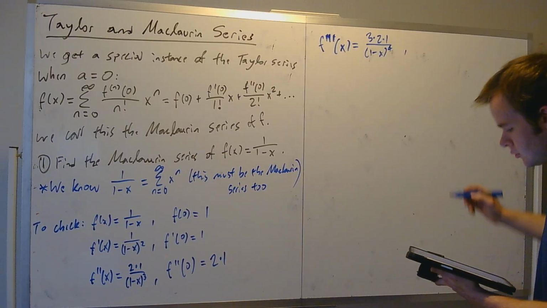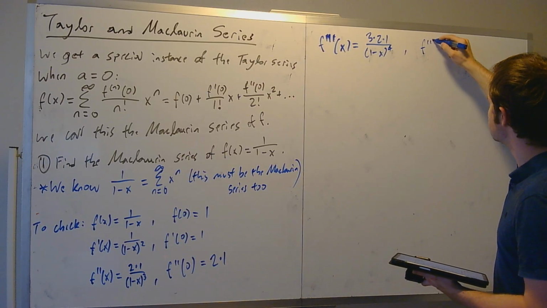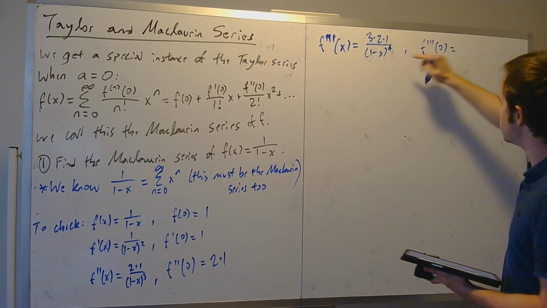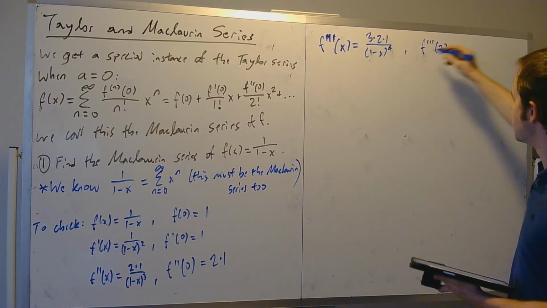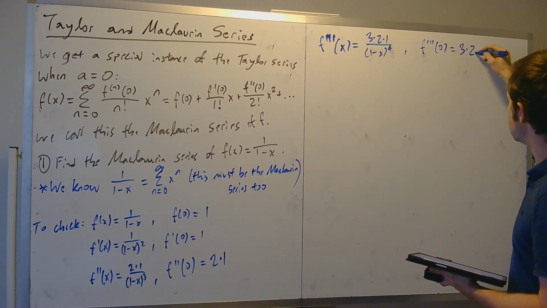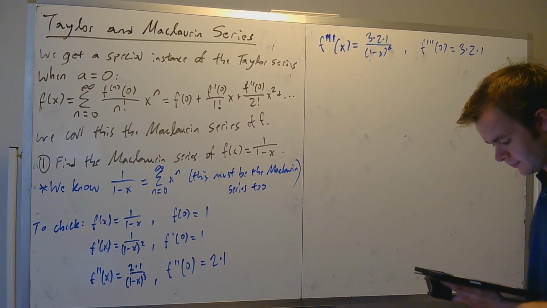If we try to plug in 0, so f triple prime of 0, then we're going to get 3 times 2 times 1.